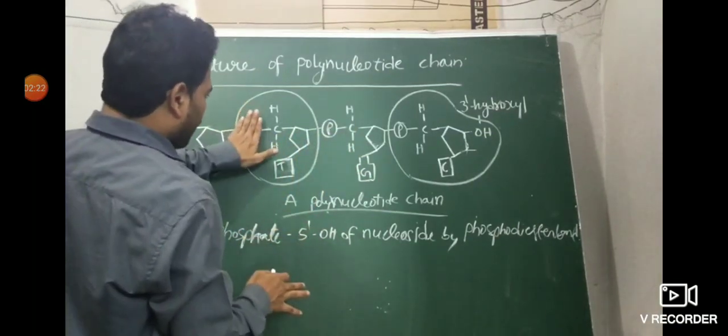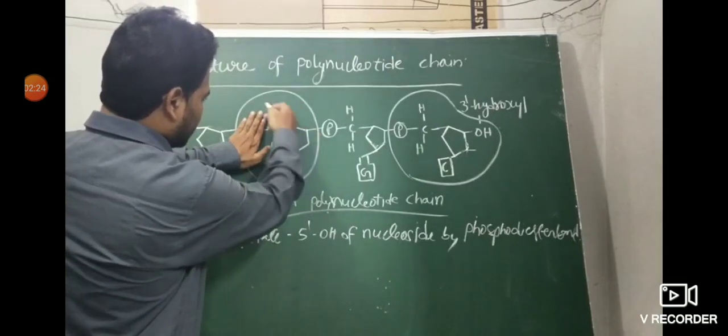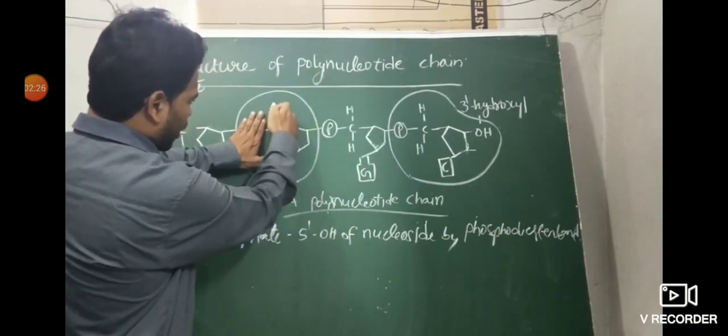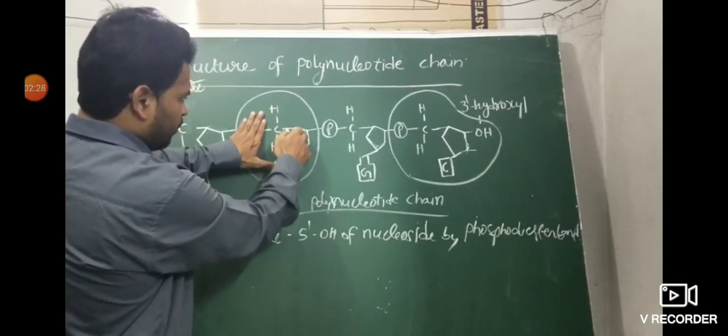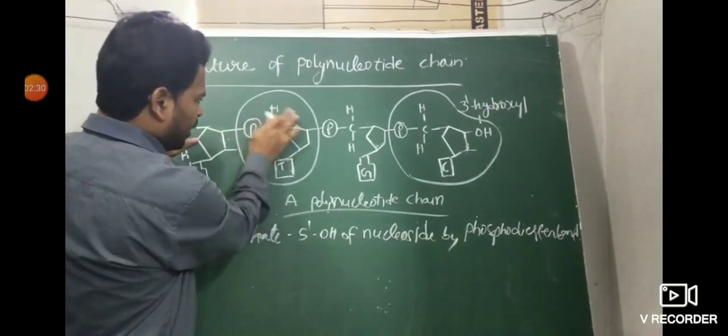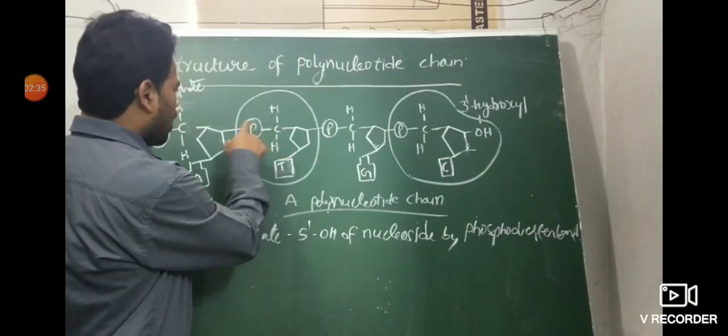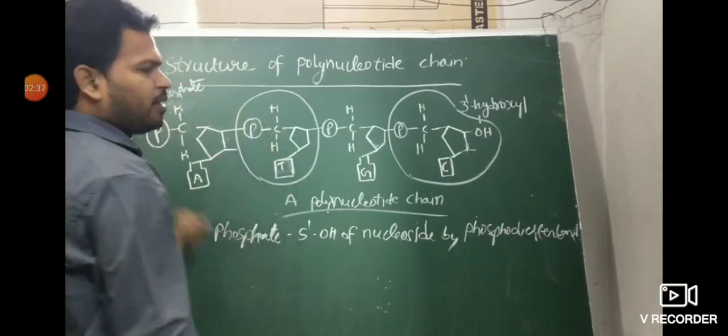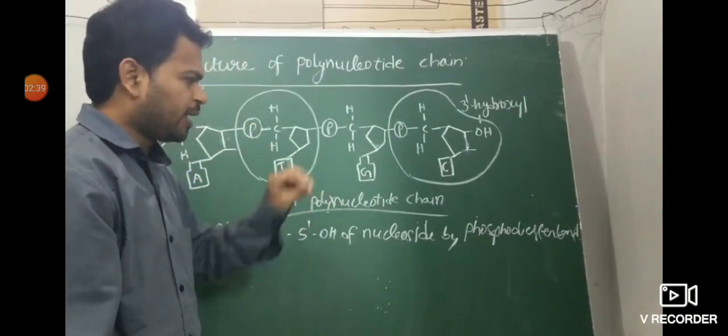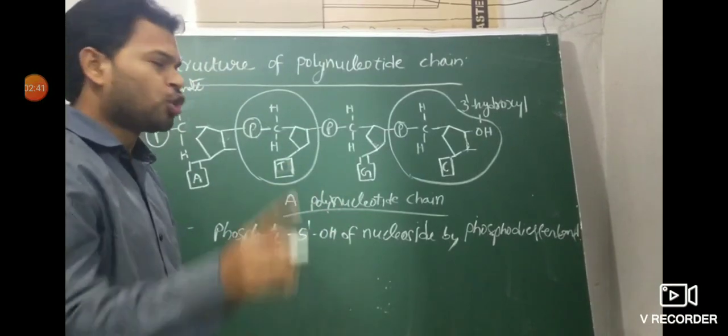Of course, if the phosphate is not there, then the structure is only a nucleoside. If the phosphate is not there, the remaining part is the nucleoside. Now you see, the phosphate is attached to the 5' hydroxyl of the nucleoside by a phosphodiester bond; that is called a nucleotide.